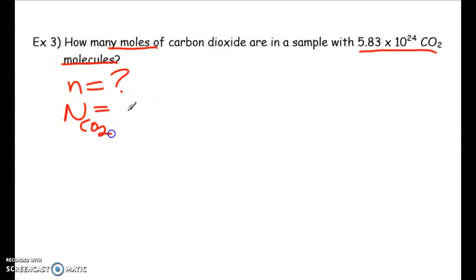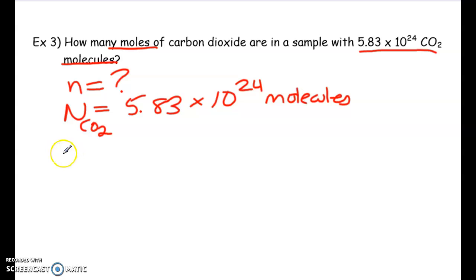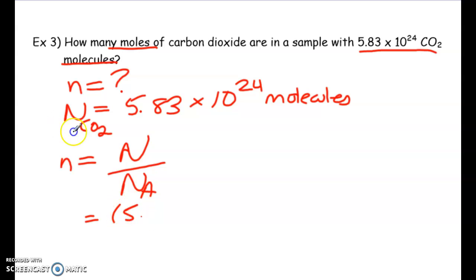So the number for carbon dioxide is 5.83 times 10 to the 24 molecules. Okay, so we know we're going to do n is equal to N over Na. Here we're using 2 scientific notation numbers now, so be sure to put this in brackets in your calculator.